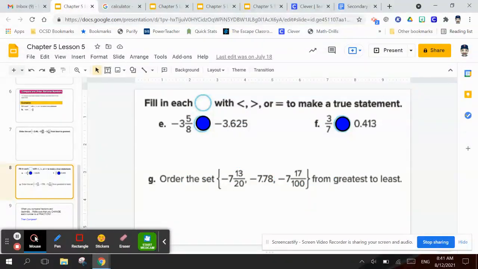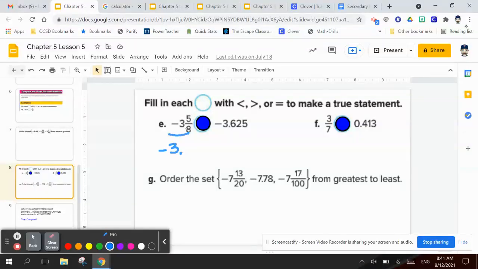So let's take a couple more practices here. So in letter E, negative 3 and 5/8, negative 3 and 6.25. So I want to change this one here to a decimal. So negative 3 is my whole number.